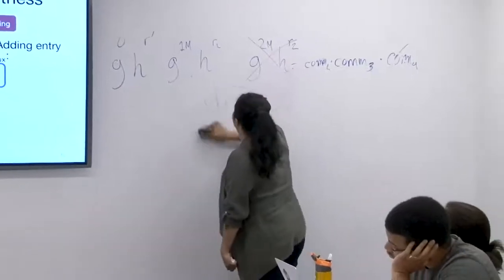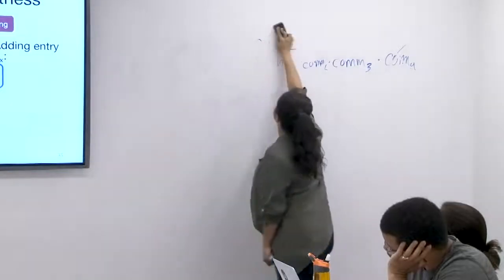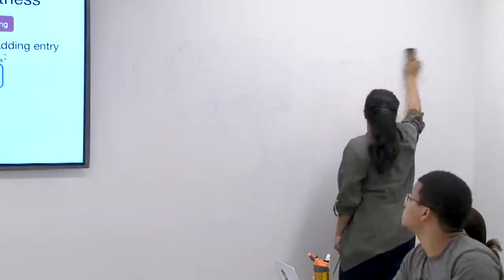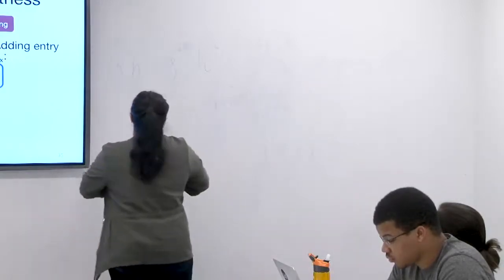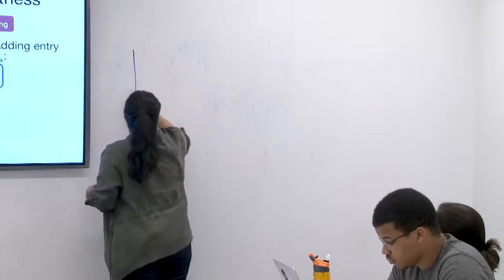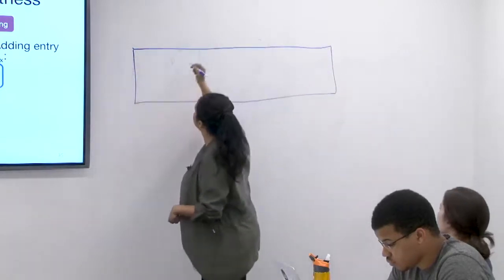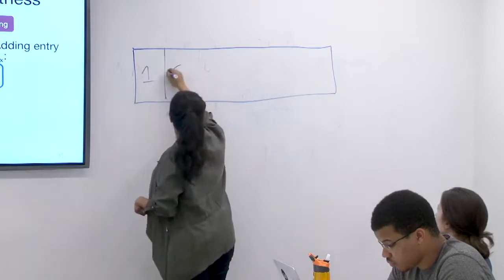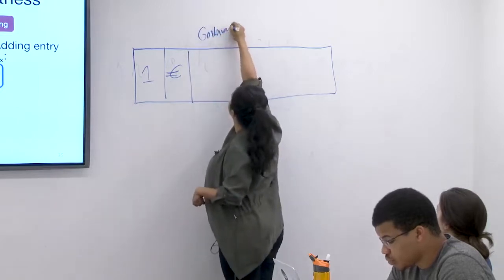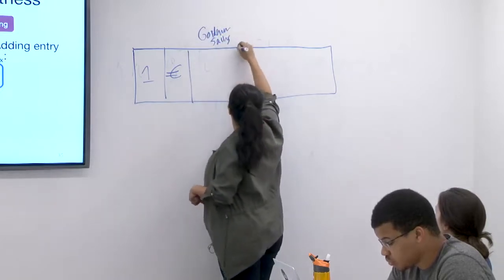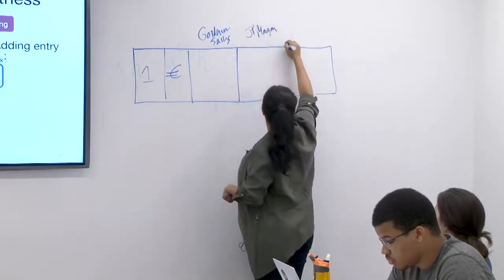So I'm going to draw a transaction up here and explain a little bit about where these proofs actually go. A transaction is a row, and there is an entry for each bank in the transaction.